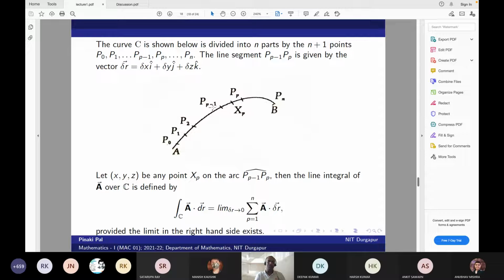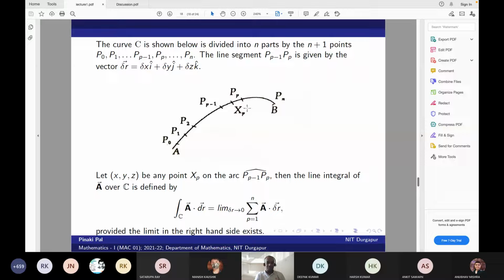So here we have considered the general line element P(p-1) to Pp. This is the general element we have considered, and from it we consider an arbitrary point, not necessarily a terminal point. Any point xp we are considering.